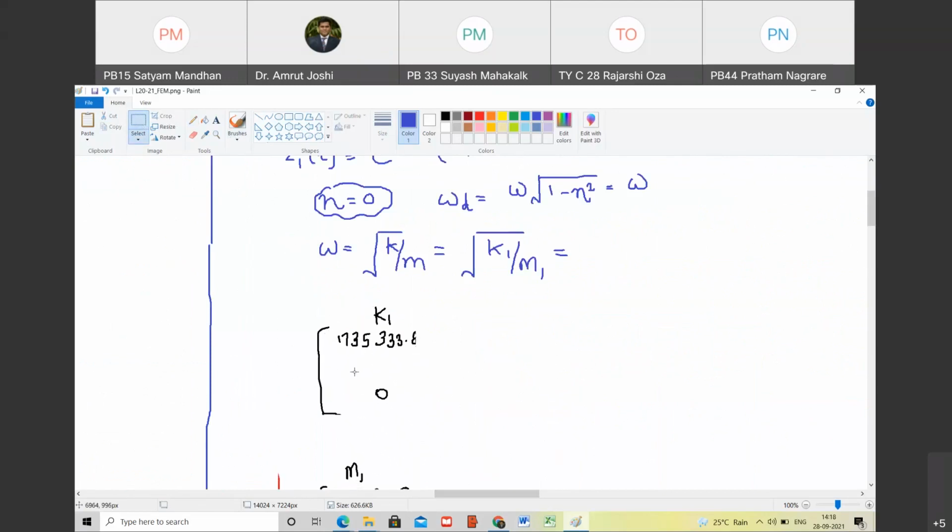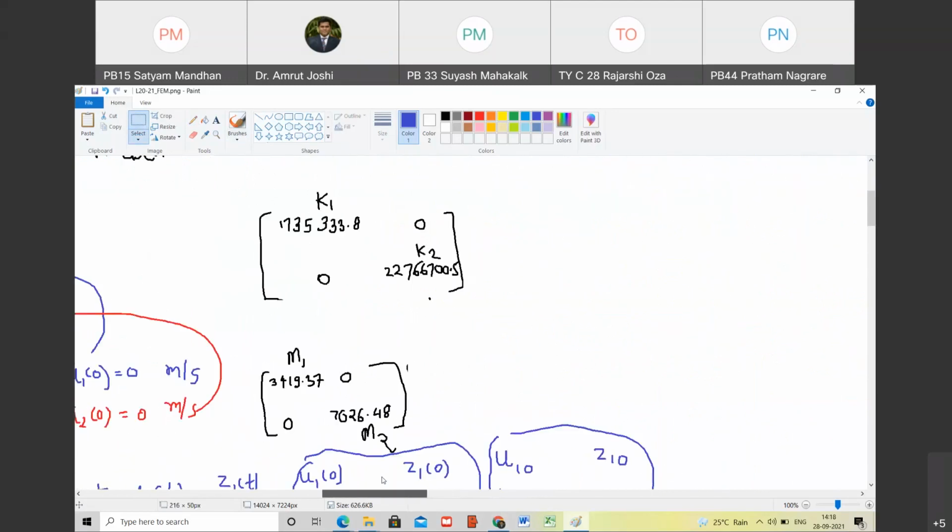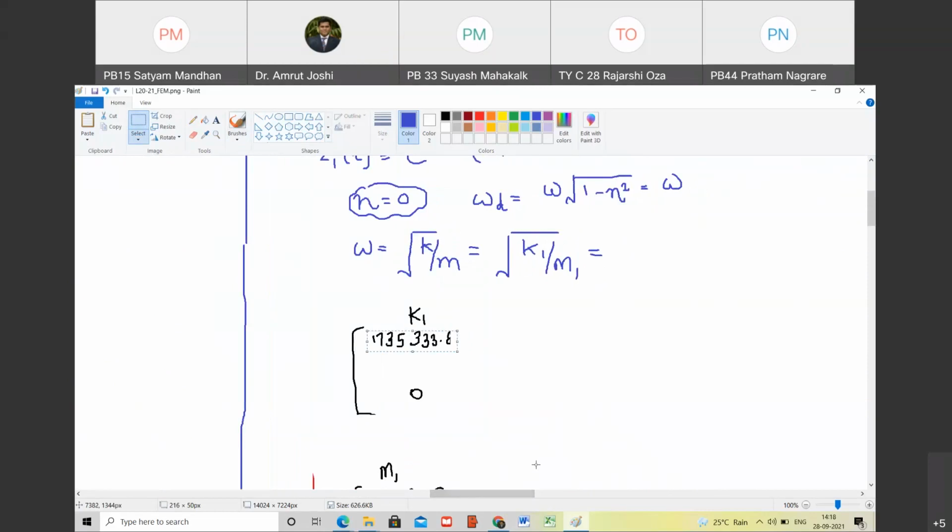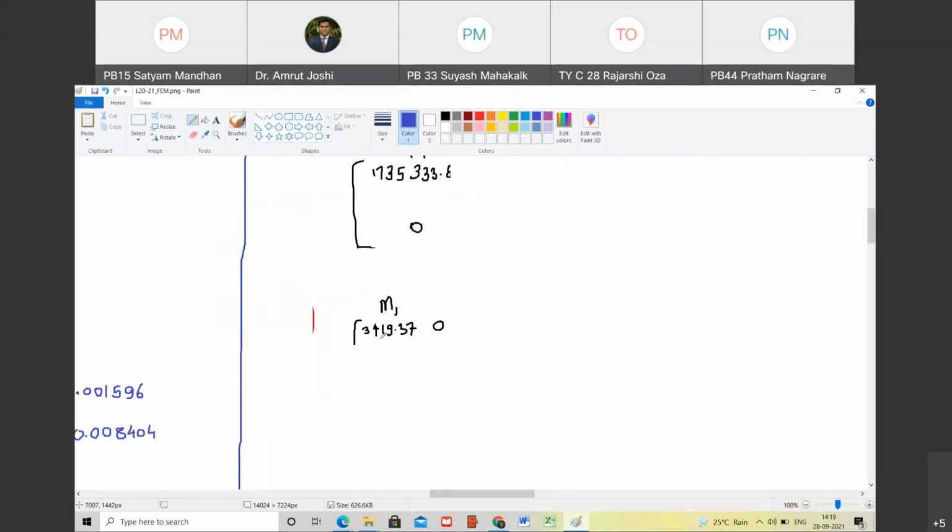So this is k1, this divided by m1. m1 is 3419.37. Are you with me?